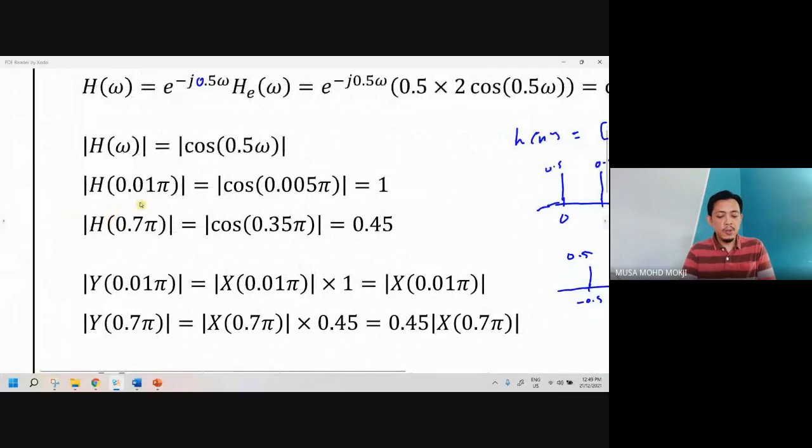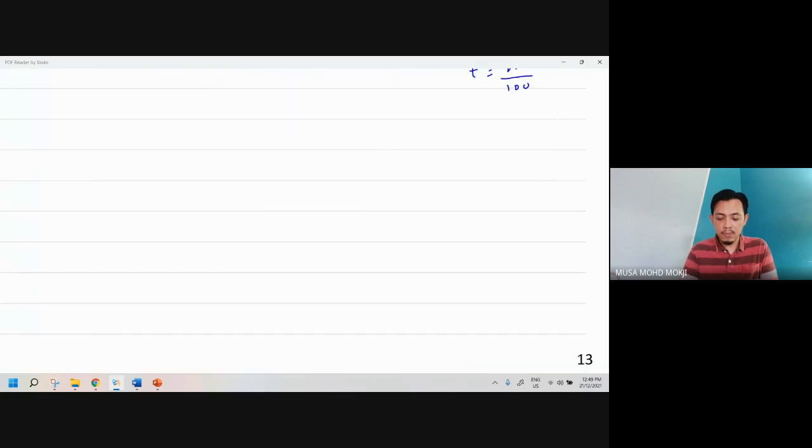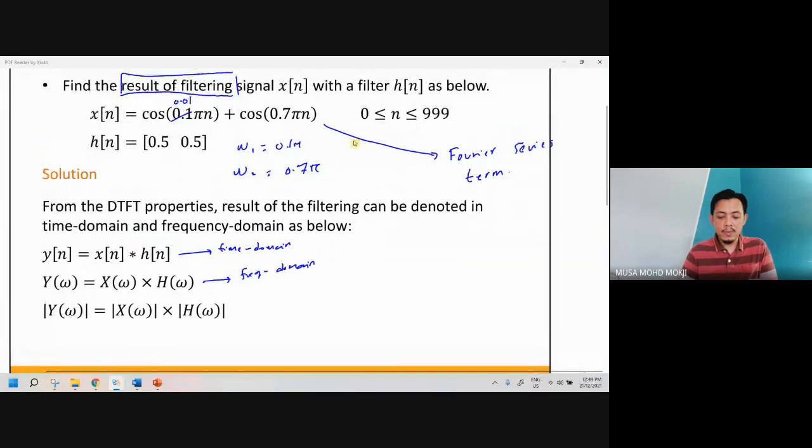Okay, so let's see how the last value will be. Let's assume the first frequency, because we want to evaluate this at 0.01pi. What we want to know is at the output, is this signal preserved? Because we have two frequencies, at 0.01pi, will it be preserved or will it be removed?